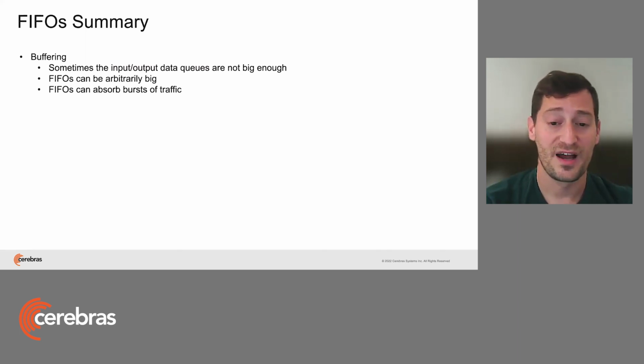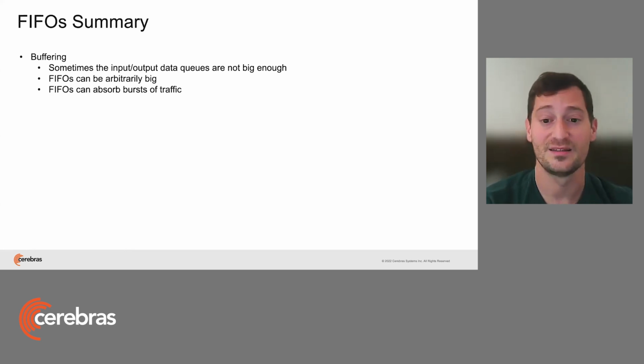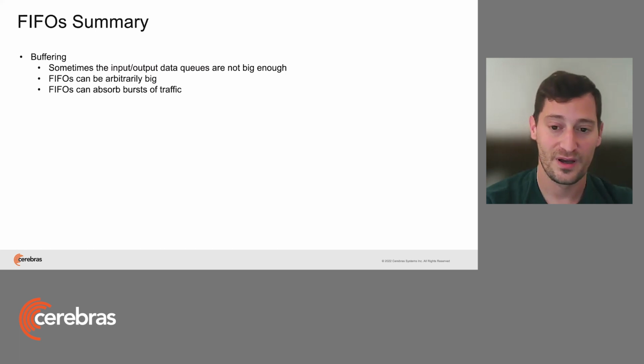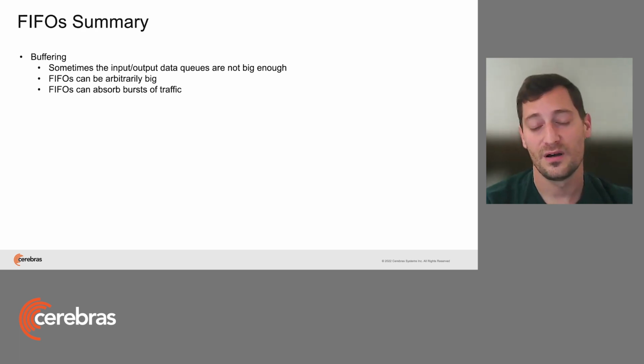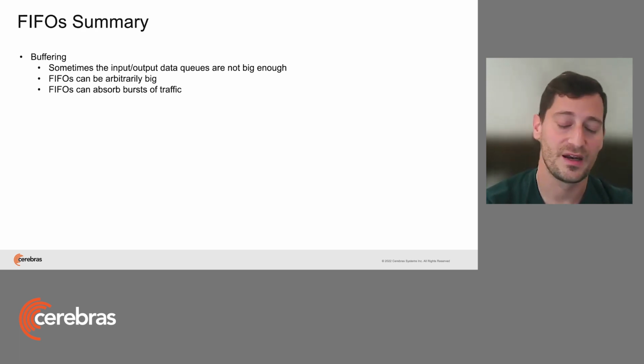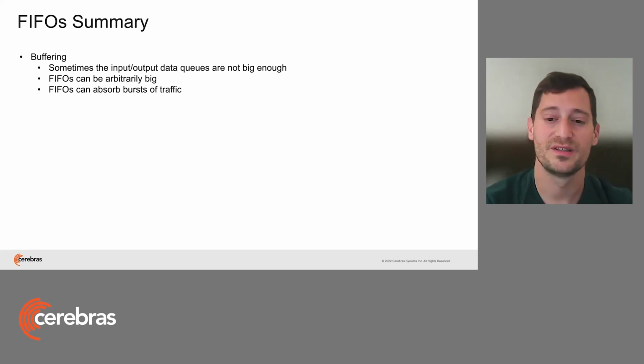And with FIFOs, we can use arbitrary big queues instead to absorb bursts of traffic from either direction, receiving and sending. And that allows us to overlap computation and communication, and prevents PEs from being blocked when the network is congested or data are not ready to be received, and so on.